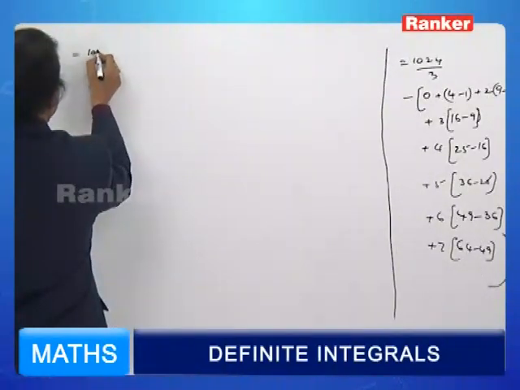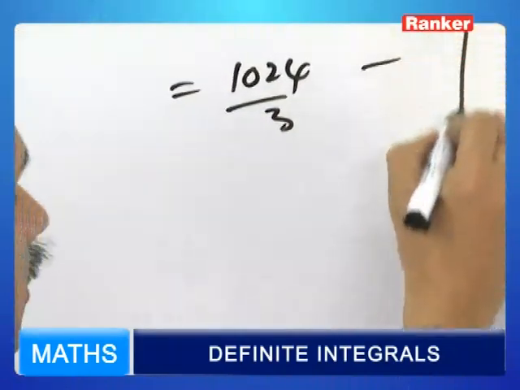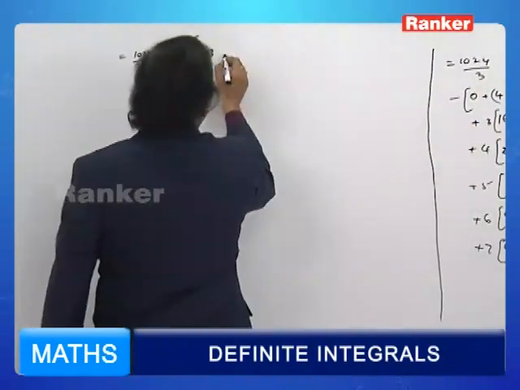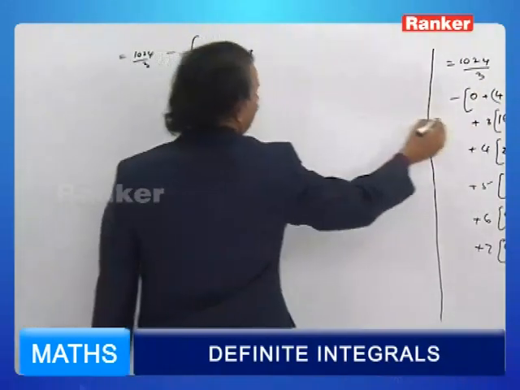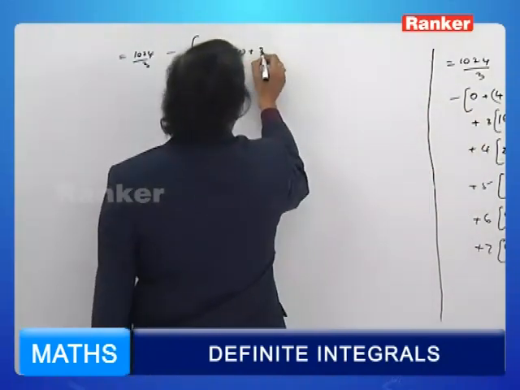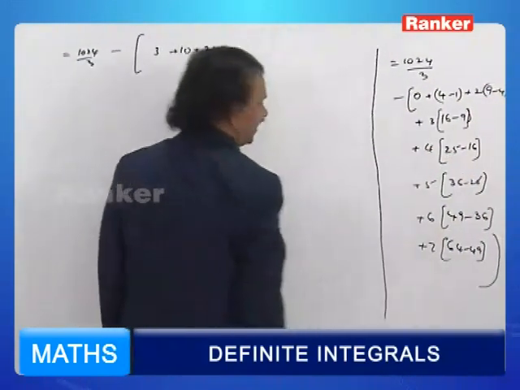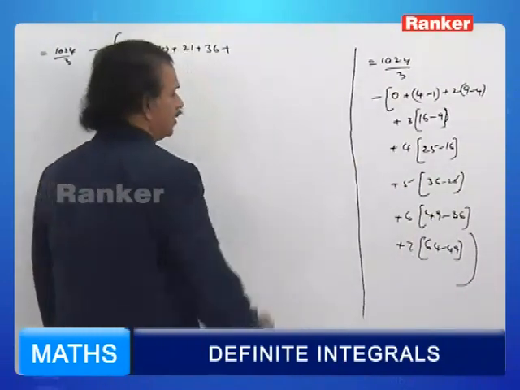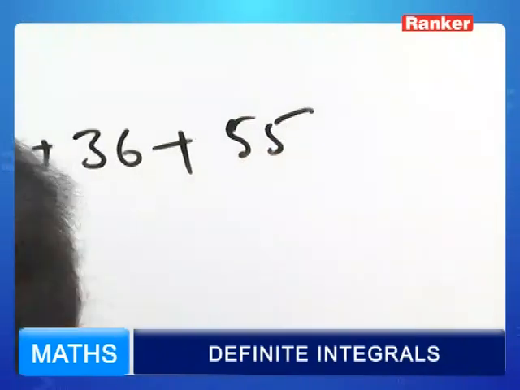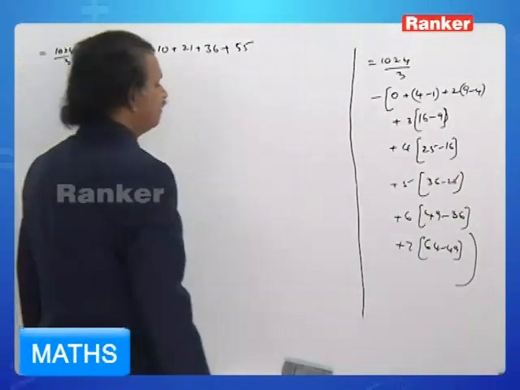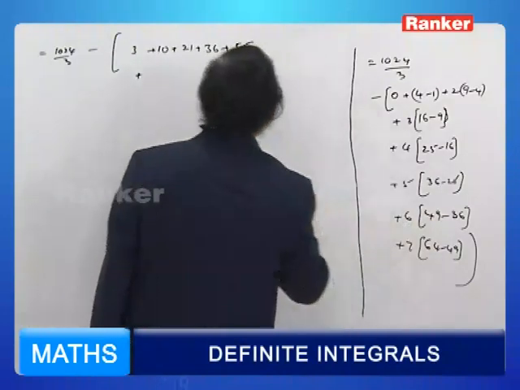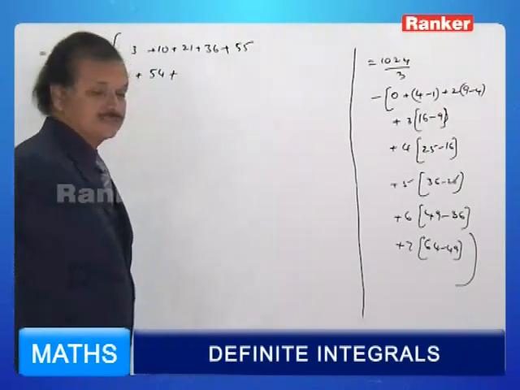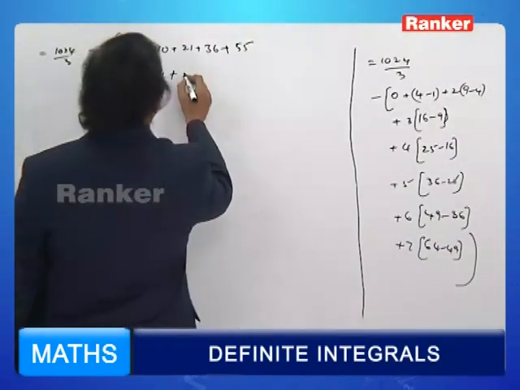That is equal to 1024 by 3 minus 4 minus 1, 3. 9 minus 4, 5. 5 2s are 10. 16 minus 9, 7. 7 3s are 21. 25 minus 16, 9. 4 9s are 36. 36 minus 25 is 11. 5 11s are 55. 49 minus 36 is 13. 13 6s are 78. 64 minus 49 is 15. 7 15s are 105.